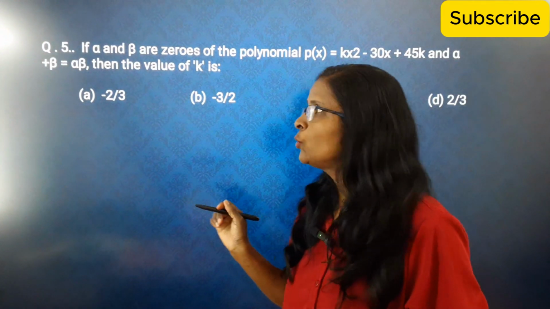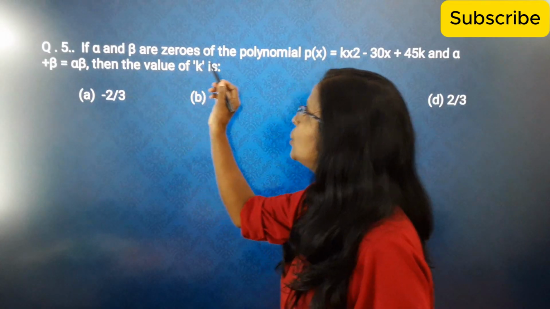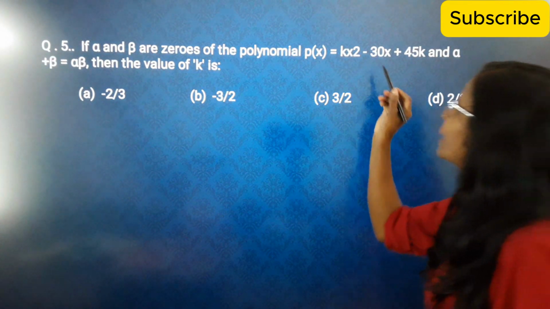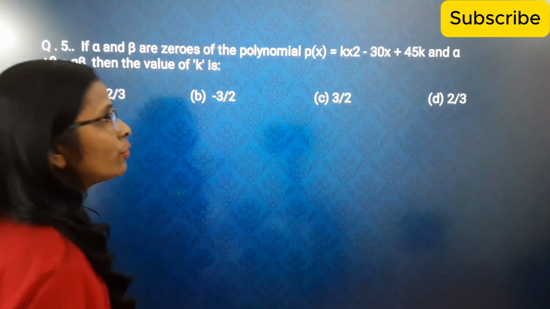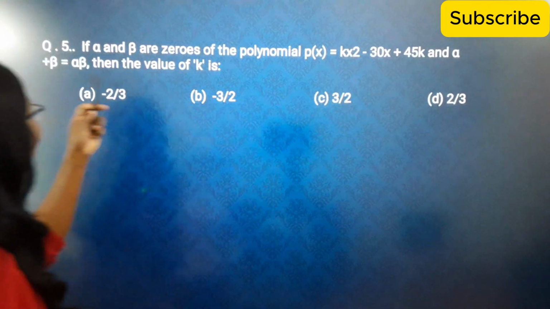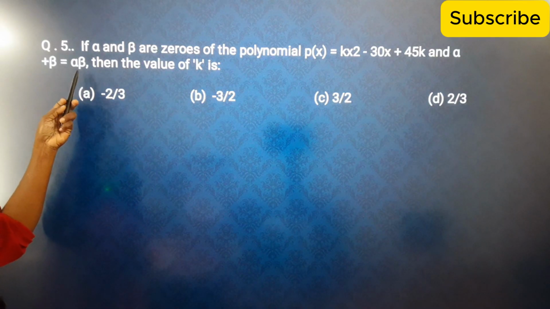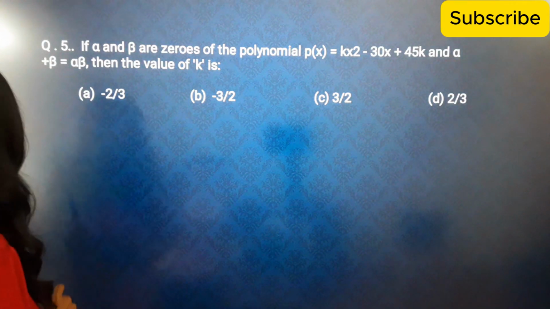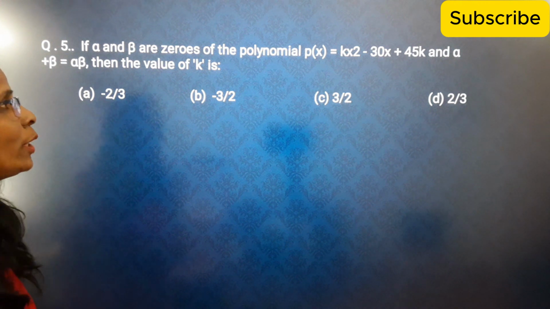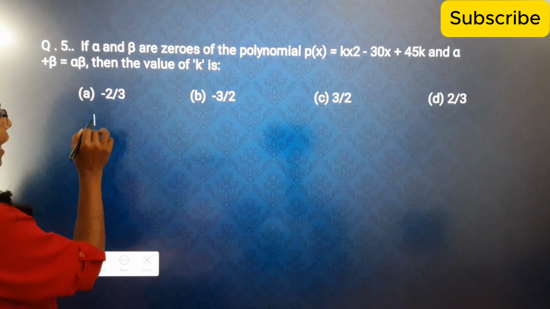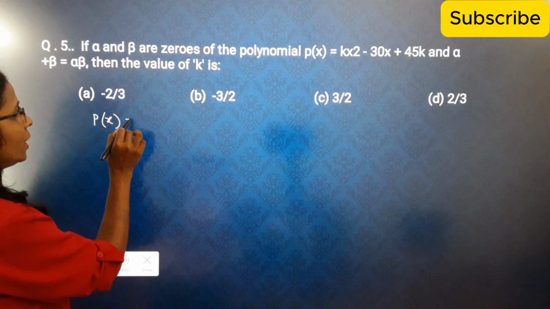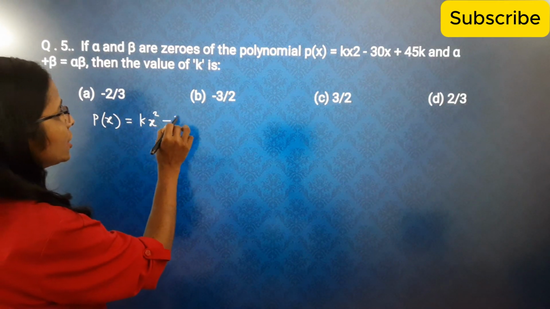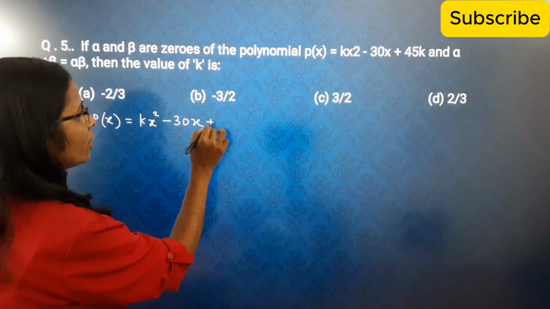Fifth example, students. If alpha and beta are zeros of the polynomial p of x is equal to kx square minus 30x plus 45k, and alpha plus beta is equal to alpha beta, then the value of k is? Okay students. So first I write down the given polynomial kx square minus 30x plus 45k.